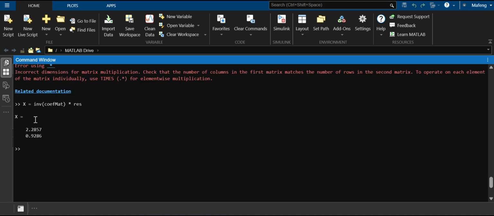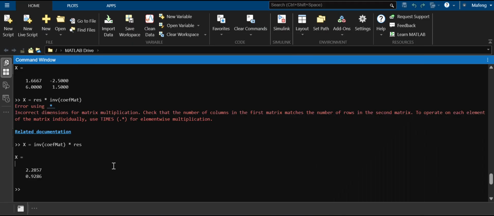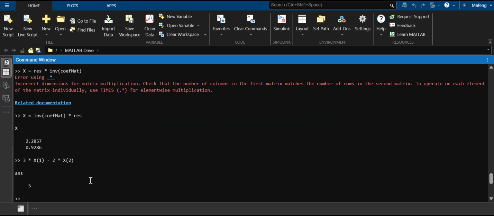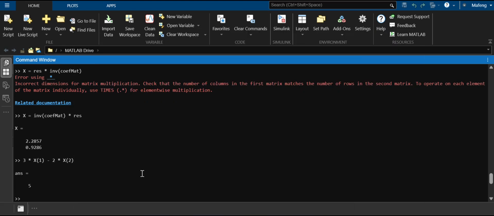Let's confirm this. 3 times x minus 2 times y, because x is up and y is down, should be 5. Then down here, x plus 4 times y should be 11.